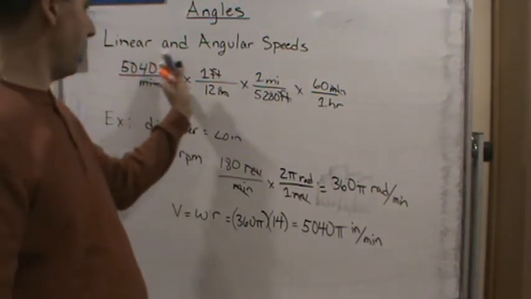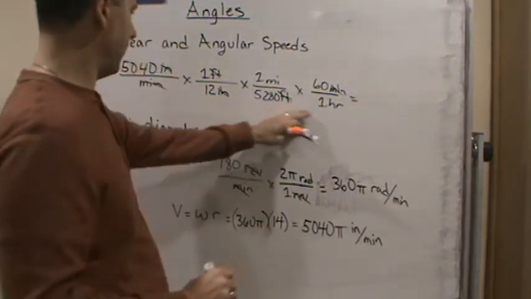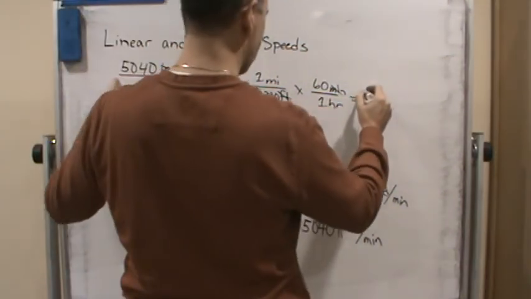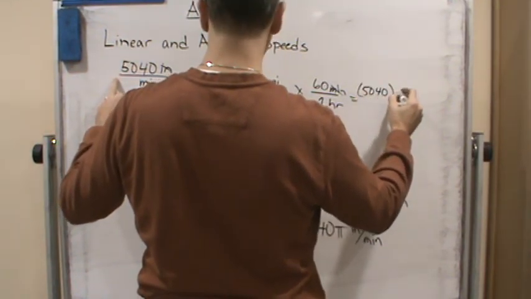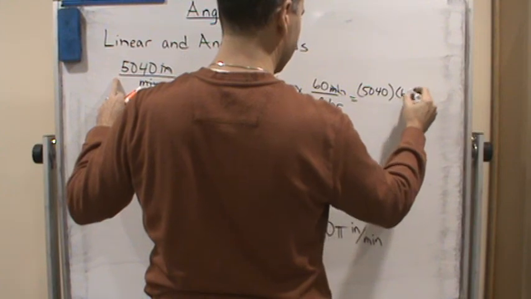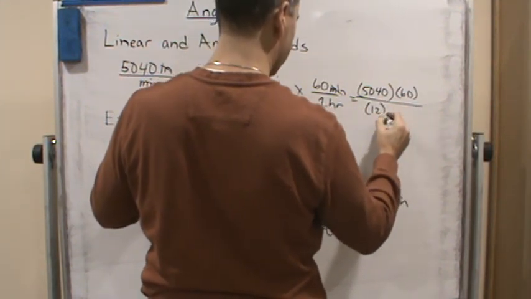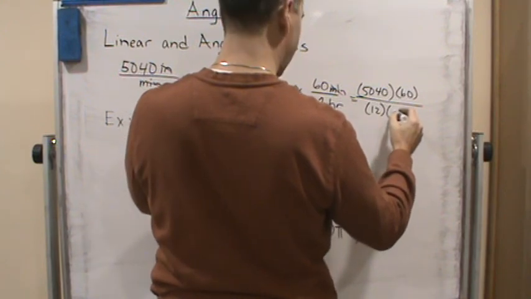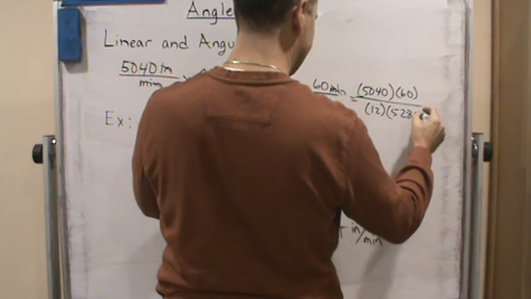If you look at the dimensional analysis, I've got miles over hours. So now I just have to multiply across the top and across the bottom. That's going to give me 5,040 times 60 divided by 12 times 5,280.